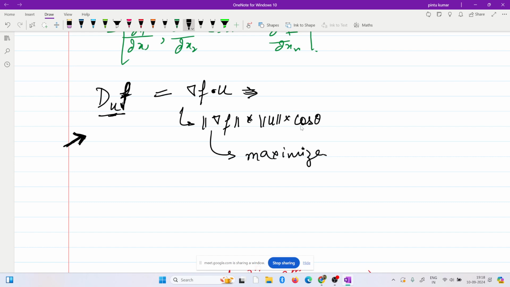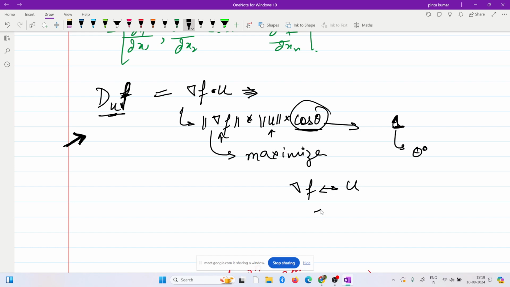So how can I do that? I can do it only via this cos theta, right? Gradient is fixed, norm of u is always 1, so I can only maximize cos theta. What is the maximum value that cos theta can take? It can take value 1. When does it take value 1? When the angle is 0 degrees. So I want the angle between gradient of f and u to be 0 degrees.